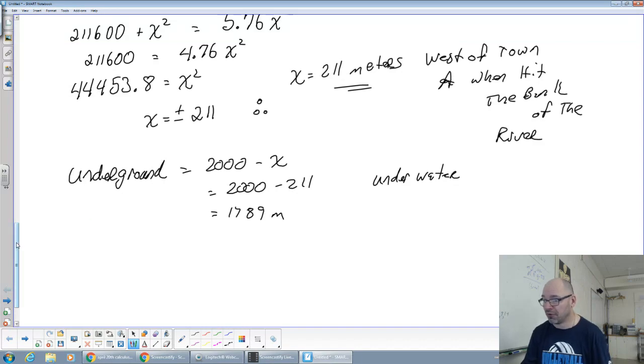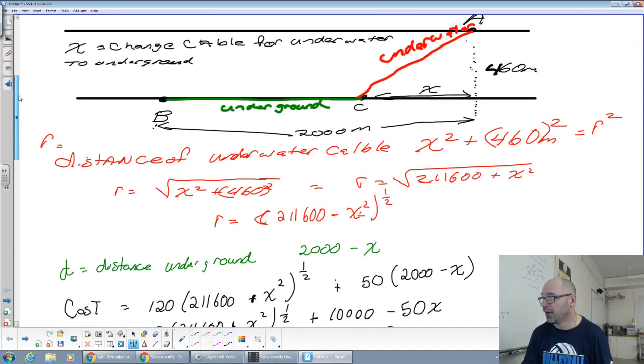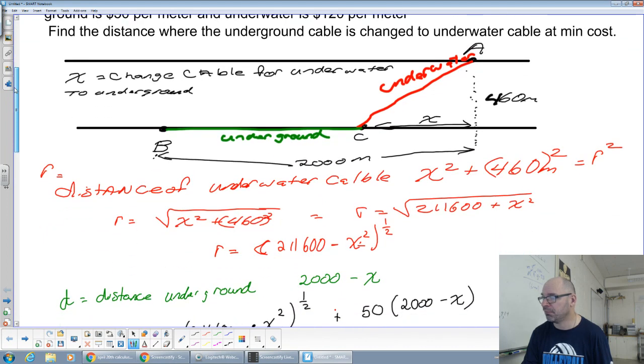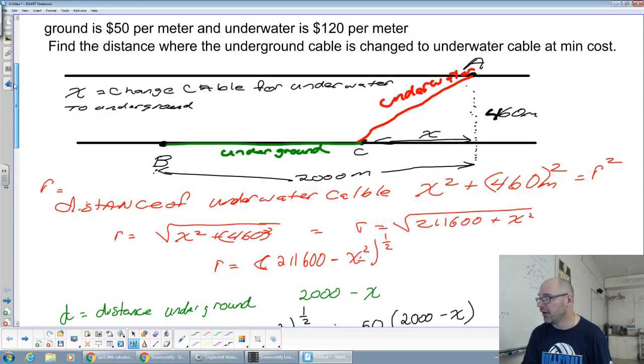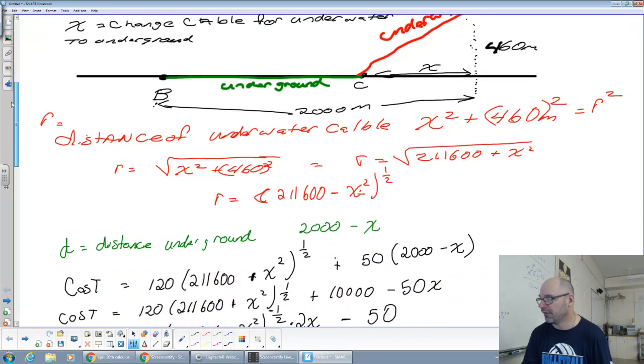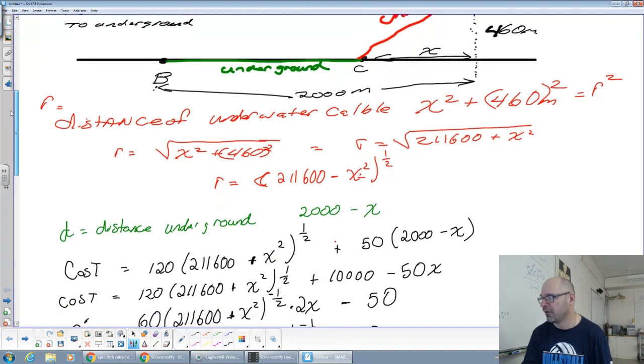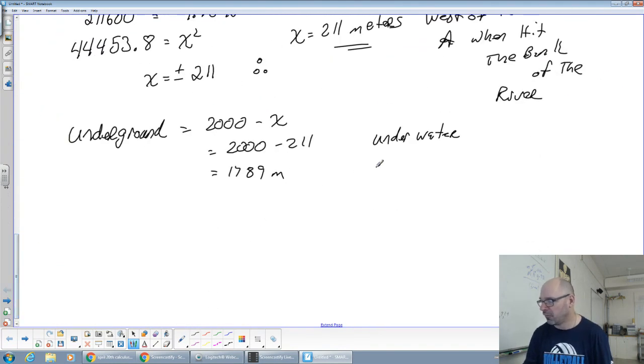And underwater was, what was that one? Underwater was the square root of x squared plus 460 squared equals r squared. So r was this number here, x squared plus 600 squared.